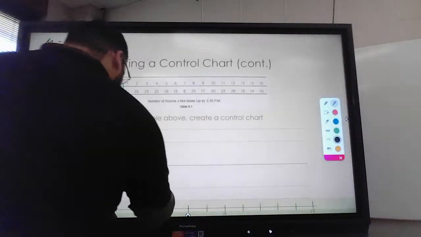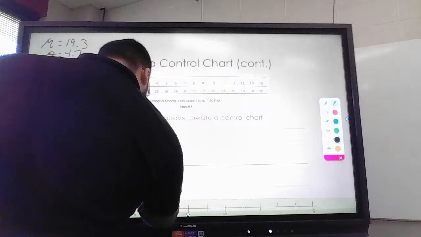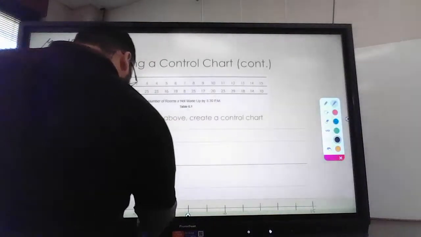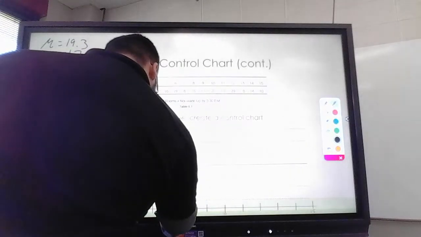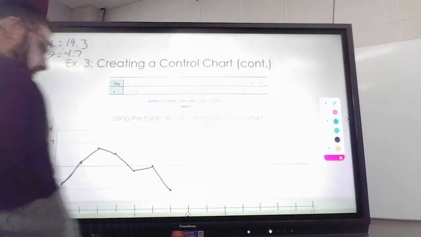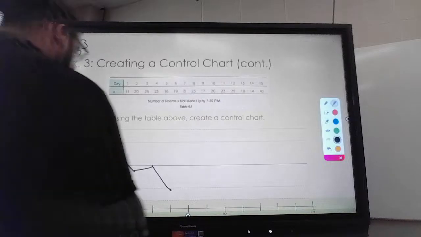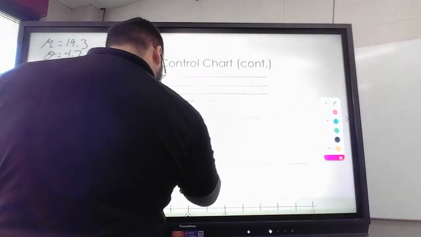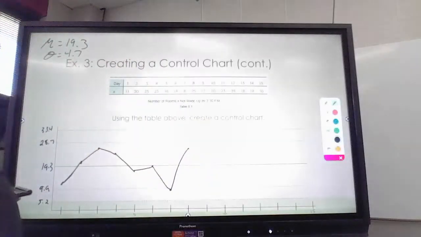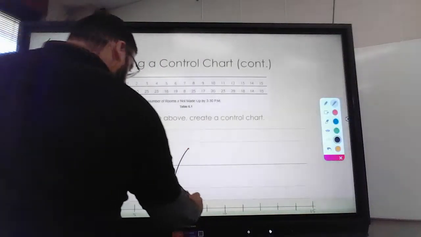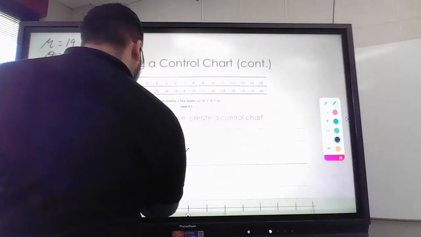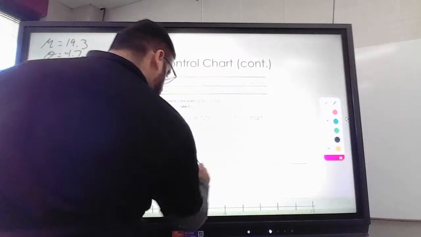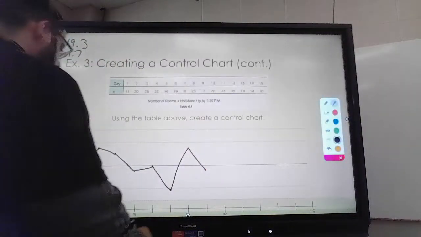Day 6 is 19. So right underneath the average. Day 7 is 8. Right underneath here. Day 8 is 25. So about right here. Day 9 is 17. Here, about as close to it as I can. Day 10 is 20.